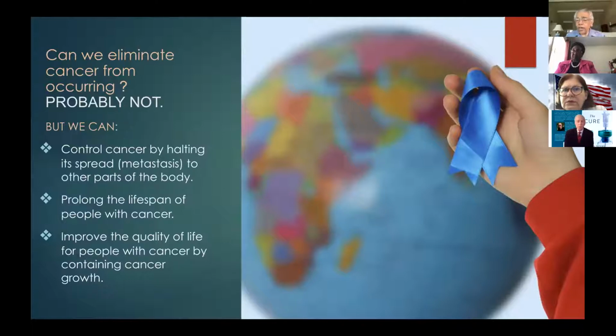Probably not, because anytime a cell divides, it has the potential to produce cancer or uncontrolled growth, unless our immune system can detect it and destroy it. So, what I'm suggesting is we can control cancer by halting the spread, by slowing down the growth, and this will prolong the lifespan of the person and improve the quality of life by containment of cancer rather than elimination or cure.